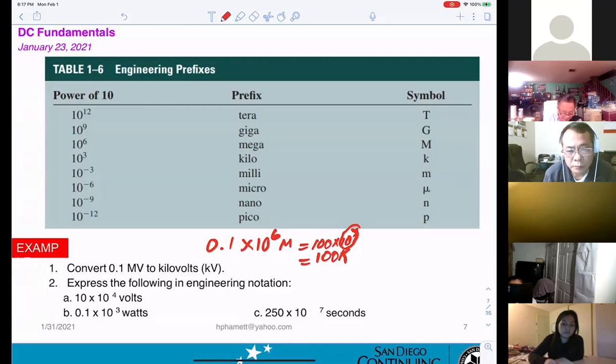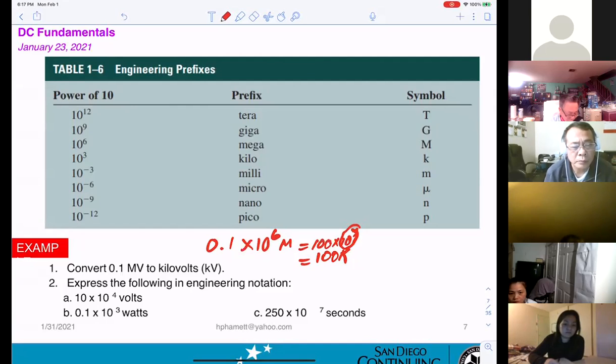Then they say express the following in engineering notation. Number A. This is the key point, try to understand this. They want to express 10 times 10 power of 4 volt in engineering notation.